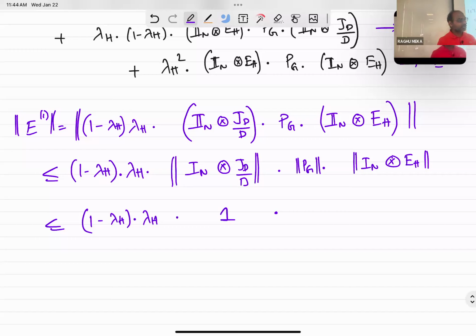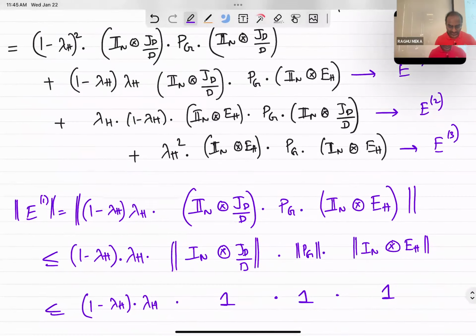A permutation matrix has spectral norm 1, and this is also 1 because EH has spectral norm 1. So the whole thing has spectral norm at most (1 minus lambda h) times lambda h. And if you do the same calculations for E2 and E3, you get the same bounds.